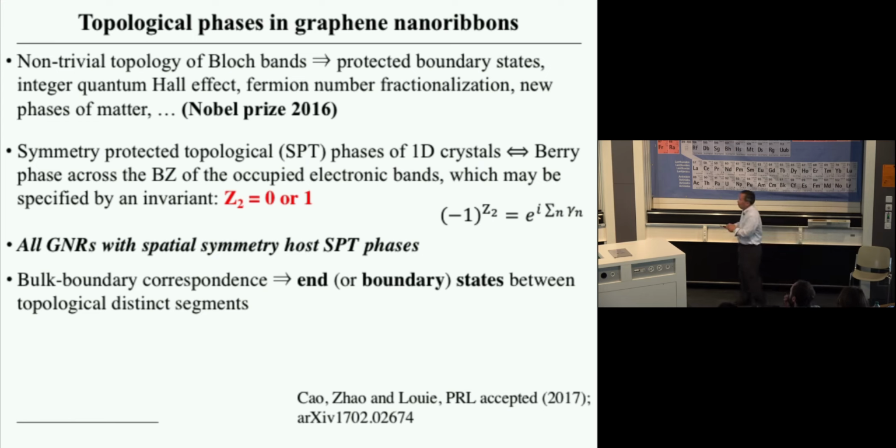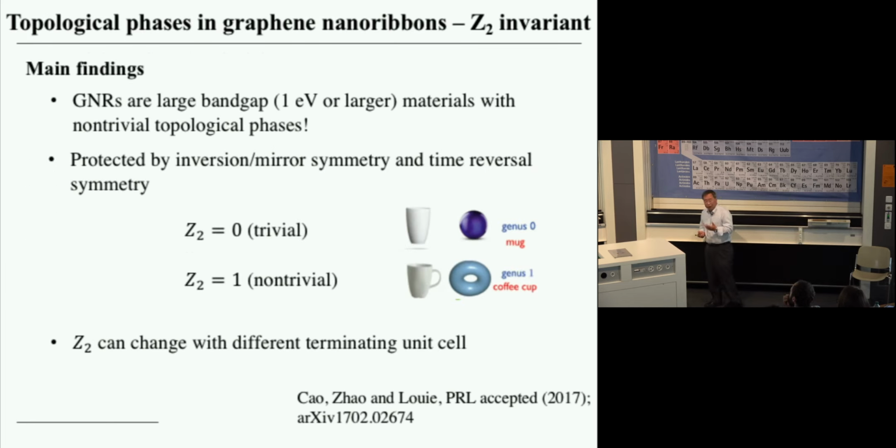And because of the well-known bulk-boundary correspondence, if you go from one phase, which is trivial, to a non-trivial topological phase, right at the boundary, you have to have a boundary state. So that should lead to some interesting physics, because you could have segments of graphene nanoribbons of different topological phases.